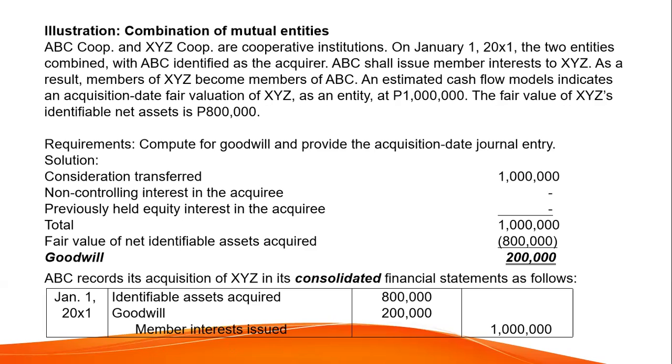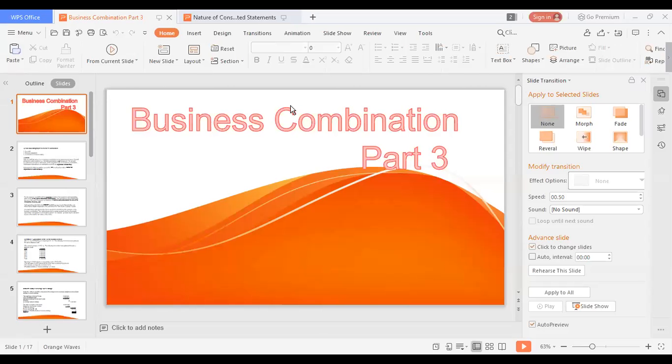And then for the journal entry, we have to debit identifiable assets acquired for 800,000. Then we debit goodwill for 200,000 and credit member interest issued. So that is the journal entry in the case of our mutual entities combined.